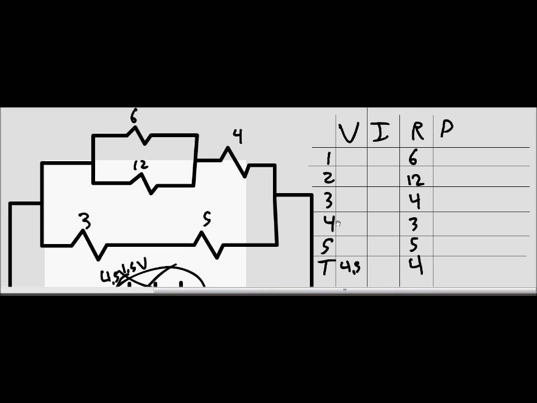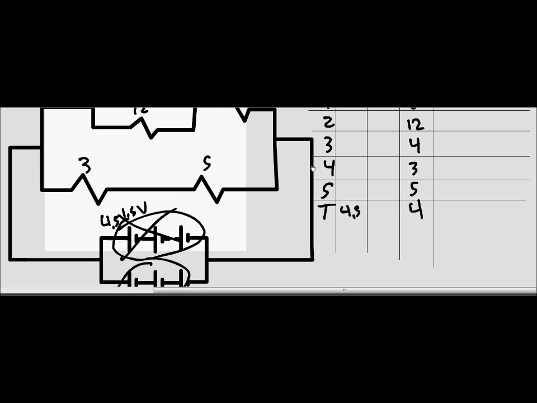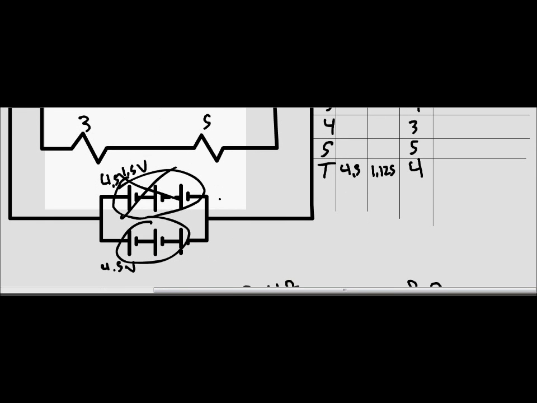From here, all we have to do in order to solve for the current throughout the entire circuit is take 4.5 divided by 4, and the answer we get is 1.125. Now, there is one problem with that. 4.5 volts is the voltage put out by 3 batteries, and there are 6 batteries total in this circuit.